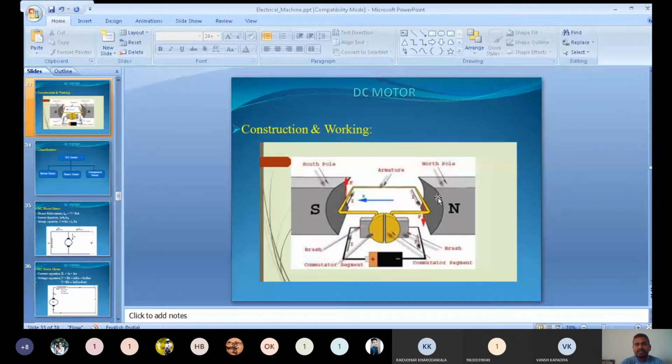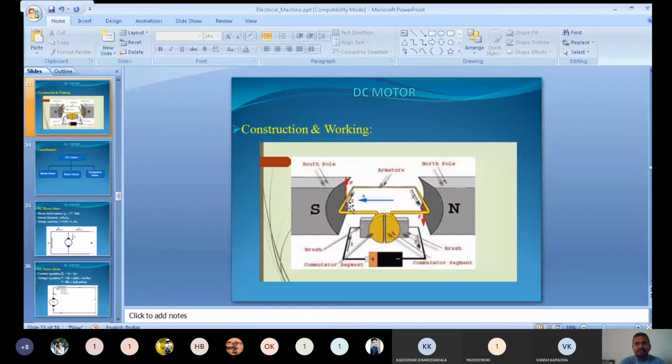This magnetic field comes from the N pole and goes towards the S pole. So the direction of the magnetic field is from N pole to S pole, and this blue arrow represents its direction.